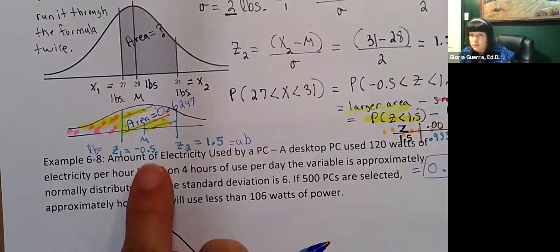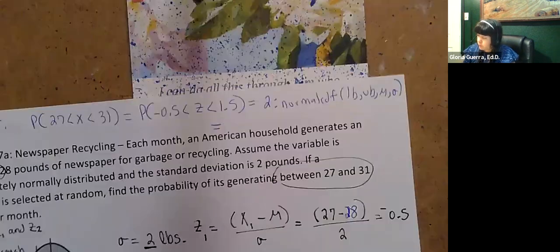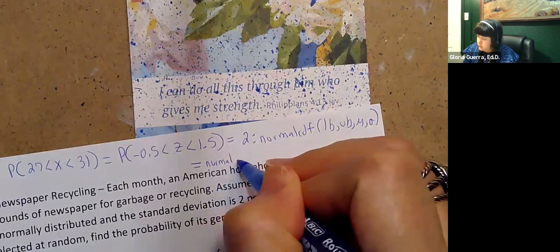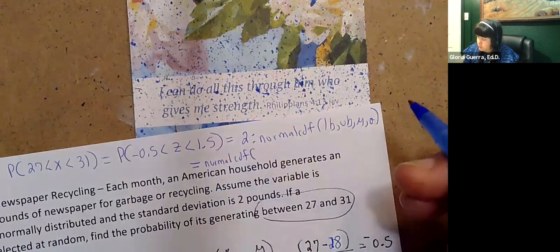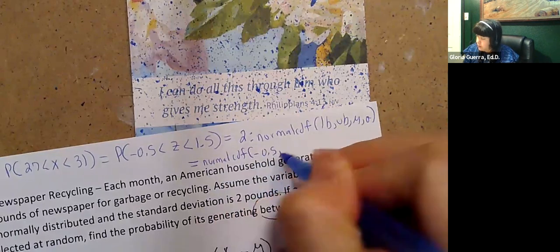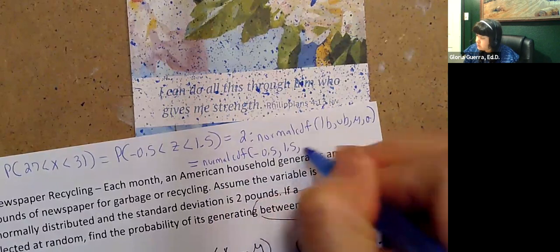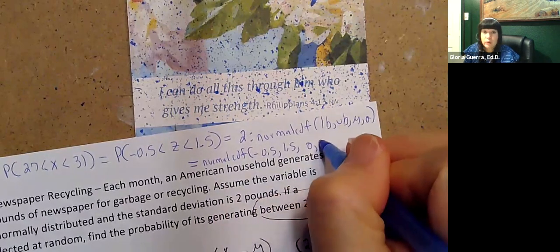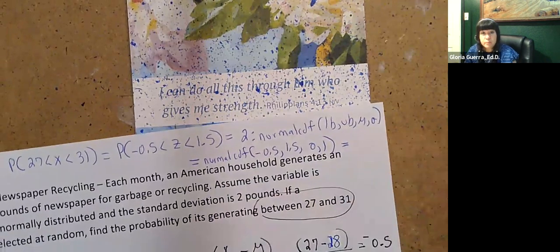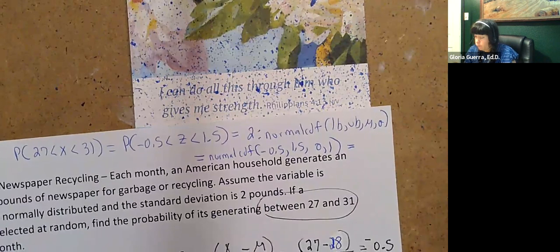So you have negative 0.5 all the way to 1.5. So this is normal CDF. Lower bound is negative 0.5. Upper bound is 1.5. Mu is 0 and sigma is 1. Okay. All right.